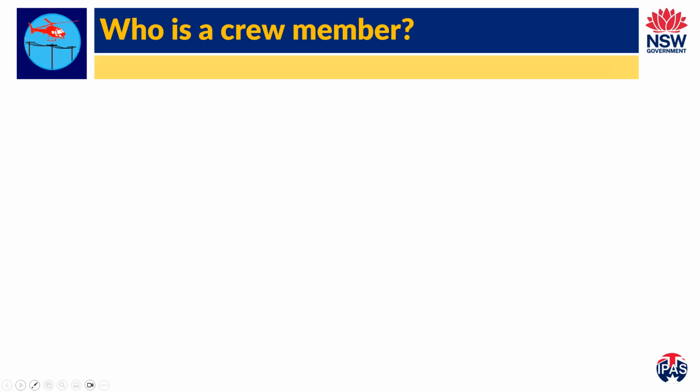You are mission crew, and in accordance with the regulations now, you are classed as an airwork passenger, someone who is required to be on board the aircraft for the conduct of that airwork. That's the new term, but I say mission crew. So if you hear me say mission crew, that's what I mean.